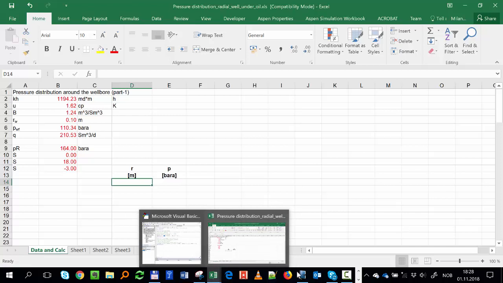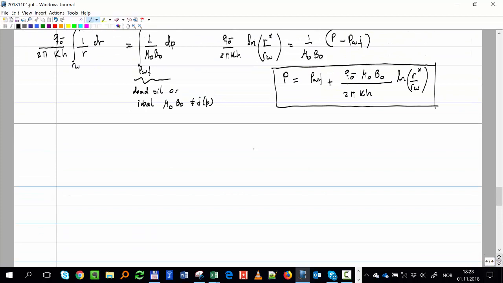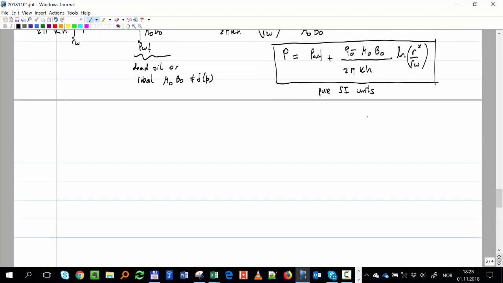By the way, there is something I forgot to mention here, that this equation is in just pure SI units. Okay? If you're going to use it in field units or in bars, you have to change. So if you use viscosity in centipoise, if you use pressure in bar, if you use, what else do we have there?